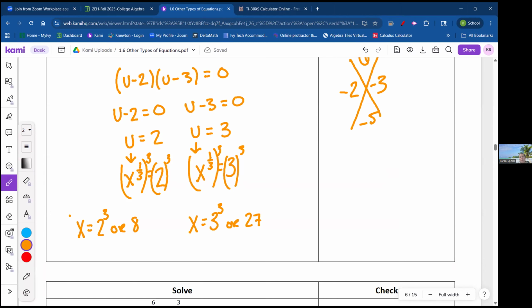So with the exponent answers, you don't actually have to multiply them. You can just leave it as 2 to the third or 3 to the third. If you don't want to do the extra step, that's fine. It's correct either way.